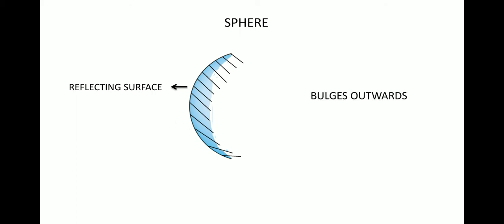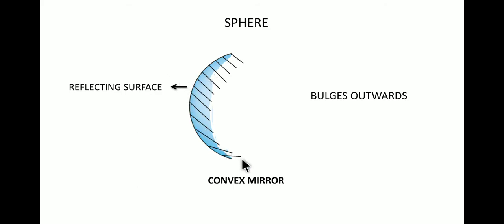When you see a mirror which is bulging outwards, then the name of that kind of mirror is called a convex mirror. I hope it's clear. So the one which is bulging outwards is called a convex mirror, and the reflecting surface is inside. So when you look at the mirror from this point, you will see that the mirror is bulging outside.